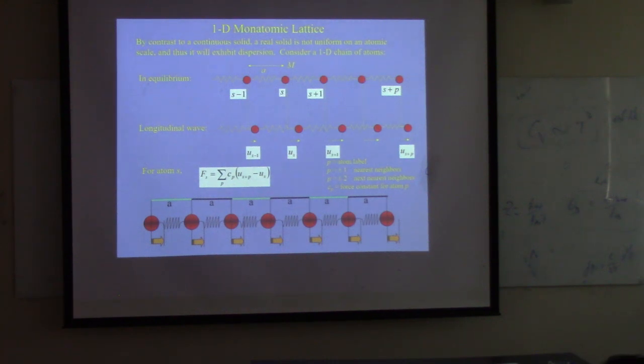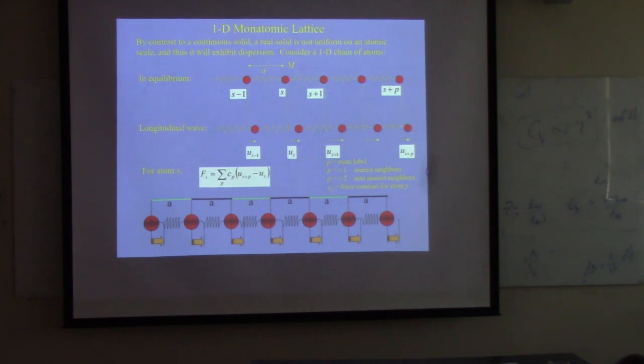For the first atom, from S plus 1, and then from the next one I get u S plus 2 minus u S, right? But you have the other side also. p can be negative also, right? So I can write this as a total, sum over p of C p, assuming they all have the same p eventually, times u S plus p minus u S. So that is my total force.